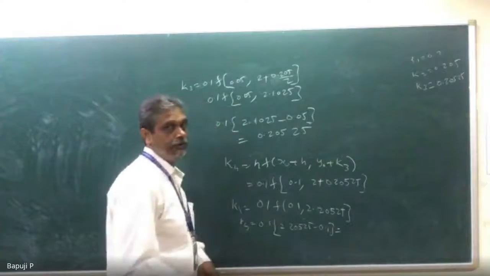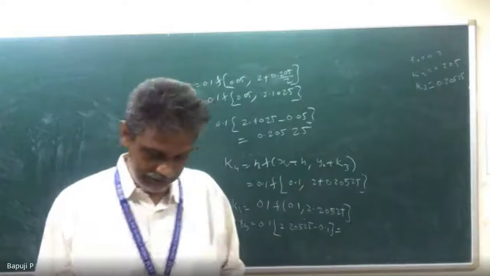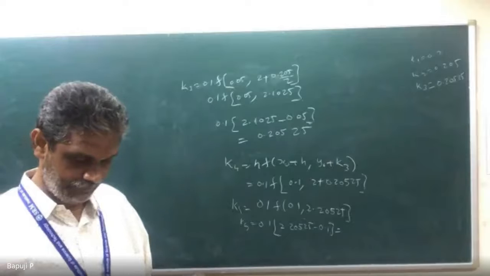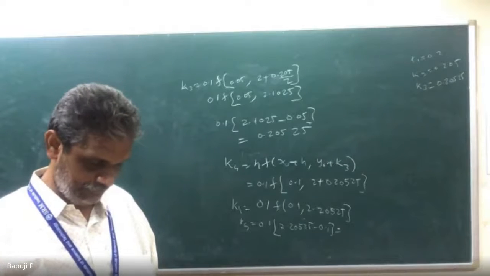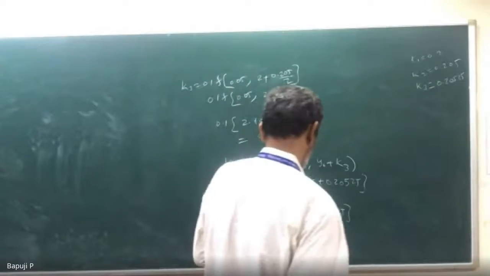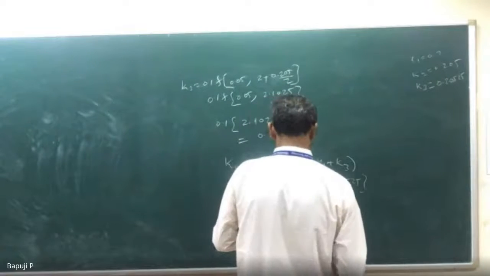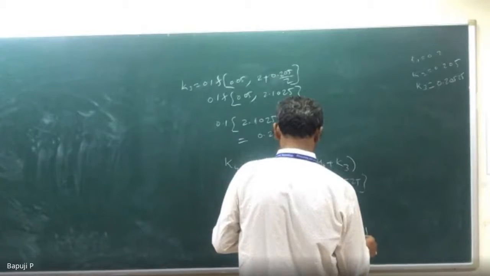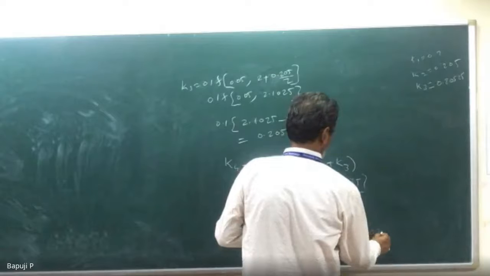Find the value of K4. What is the K4? You can substitute, find out. K4 is equal to 0.210525.